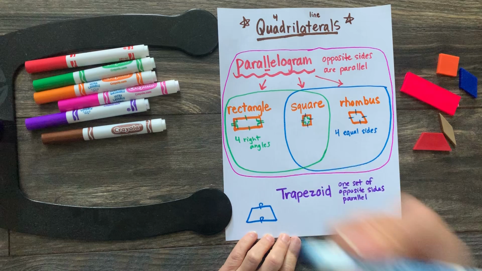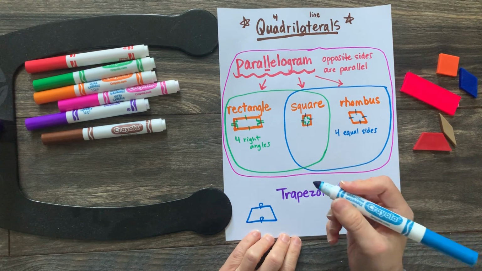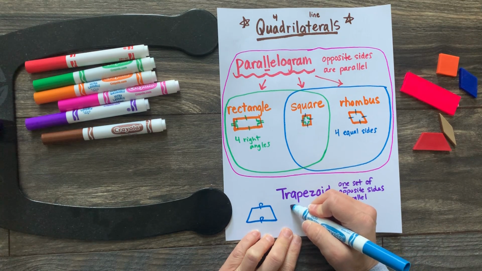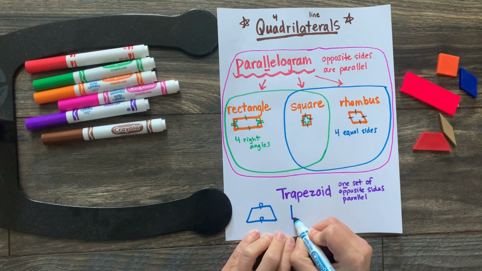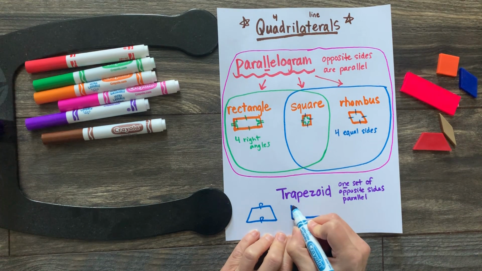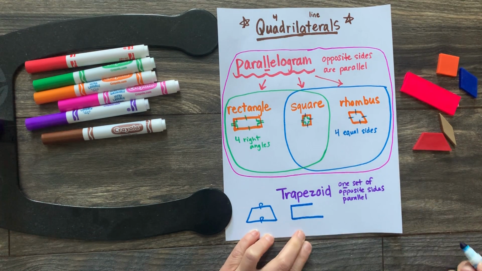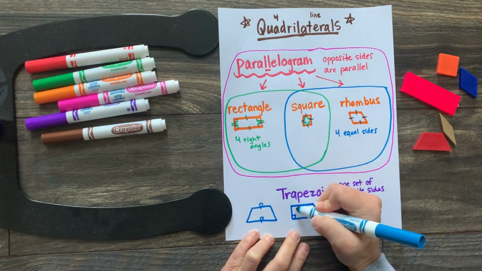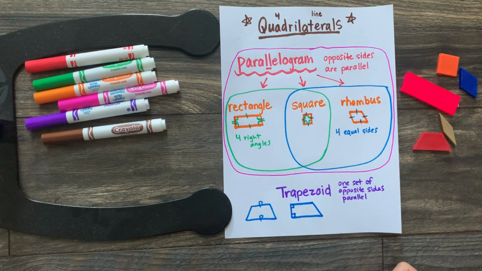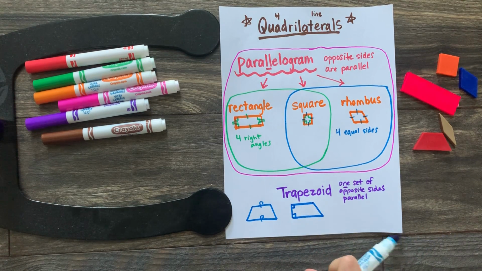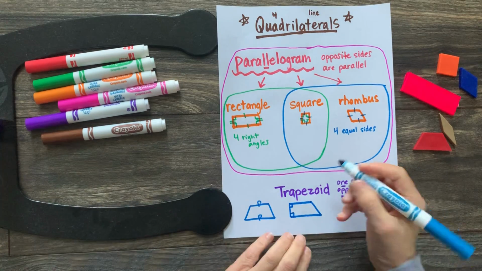A trapezoid could also look like this, and some people forget that a trapezoid could look like this. Now watch me carefully. If I put a right angle out here, I'm going to pull this top line a little bit shorter, and then angle this one. So I actually have two right angles in this particular trapezoid. Is it a trapezoid? Absolutely, because this side and this side are still parallel.